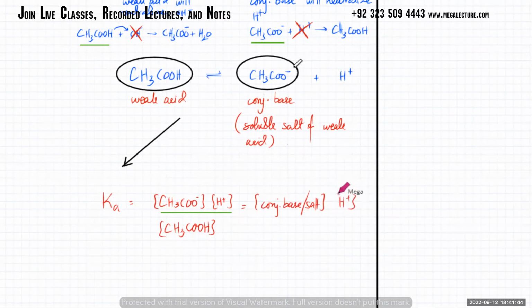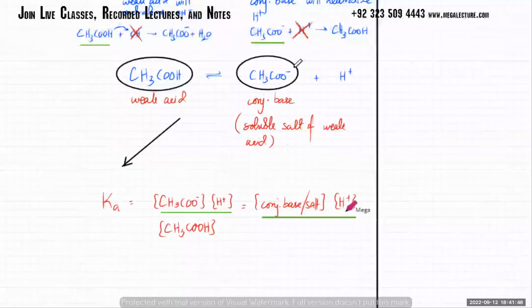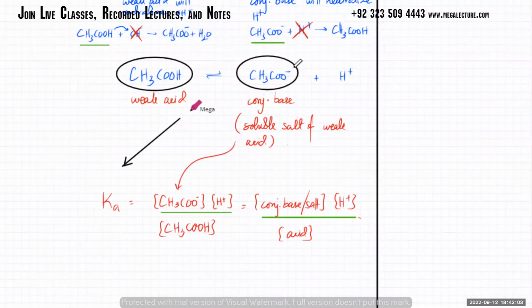into H+1 concentration and divided by the acid concentration. So this ion over here is coming from the salt. ये आपने extra बीच में add किया, ठीक है?